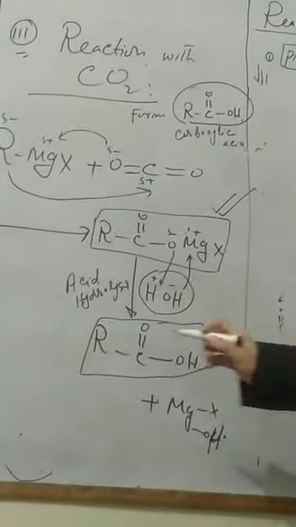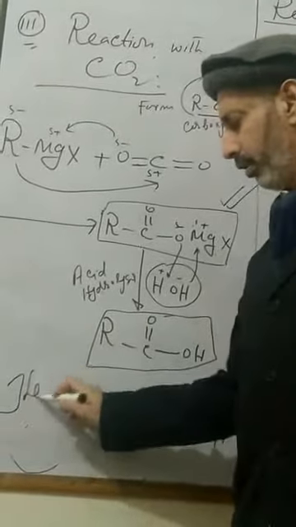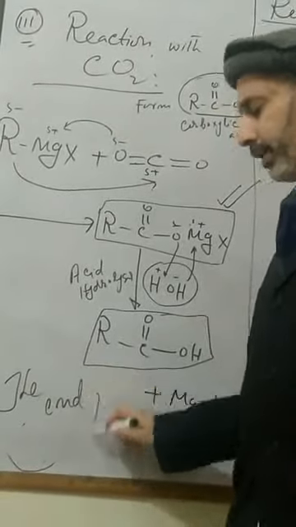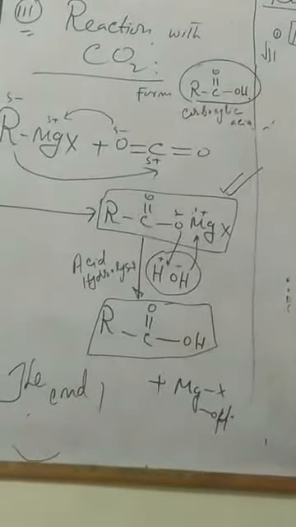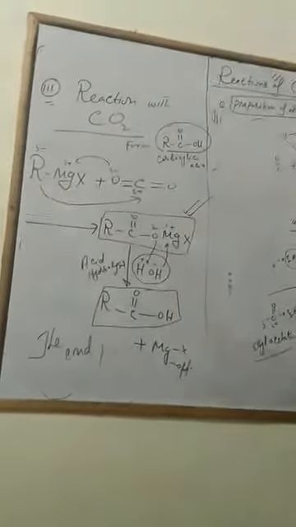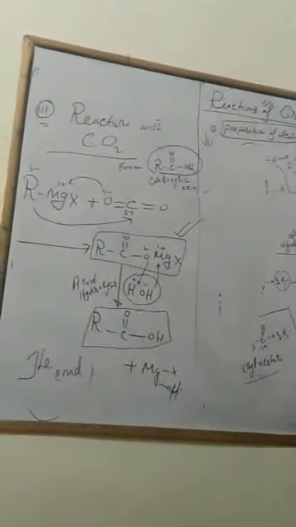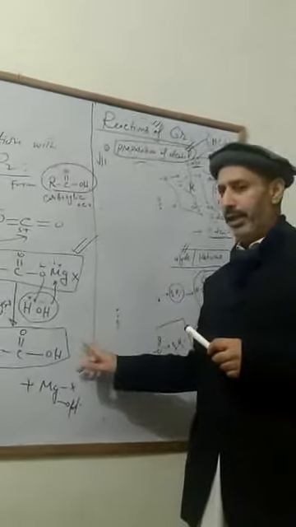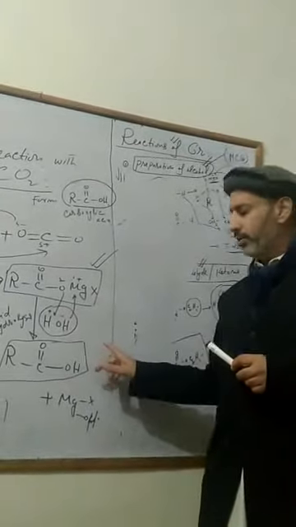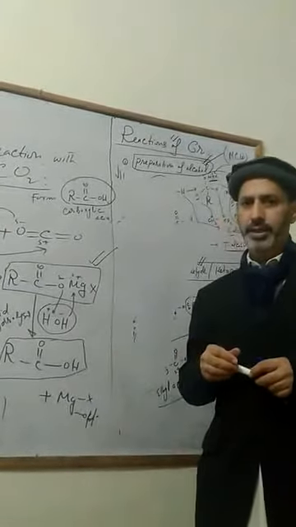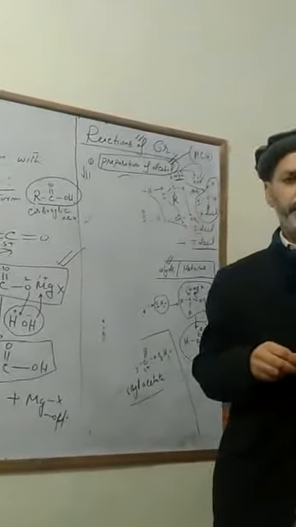This is the end of this chapter, the end. The rest of the chapter, that is alkyl amines, has been omitted in the condensed syllabus of the Board of Intermediate and Secondary Education, Peshawar. This is the end of alkyl halide, and the next chapter which I will teach is aldehyde and ketones.